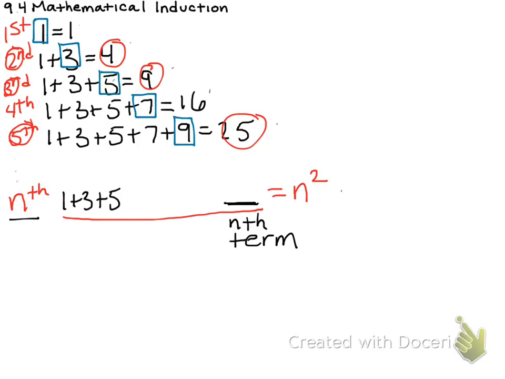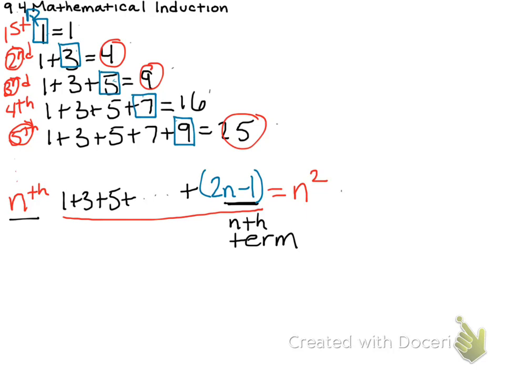If we were to back up 1, the term before this would be -1. So the nth term in this sequence here would be 2n minus 1. So if you start adding at 1 and add all the way up to 2n minus 1, the sum will be n squared.